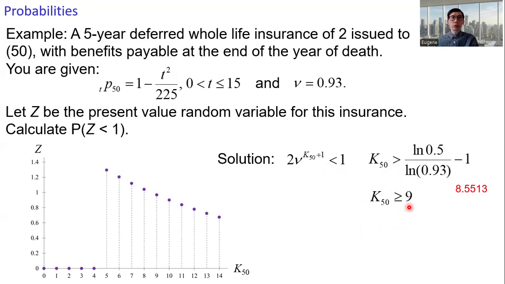For deferred insurance, we also need to handle the probability within the deferral period. The probability that Z is less than 1 corresponds to the event K50 is greater than or equal to 9, and K50 is less than or equal to 4.